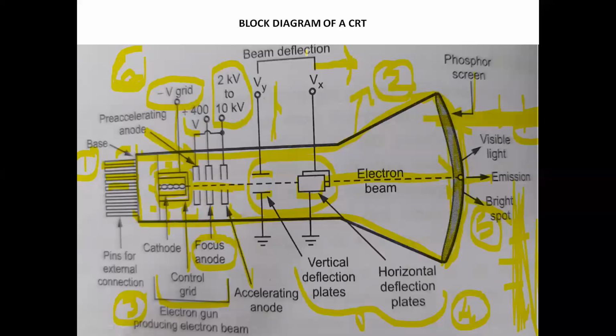Is it clear? Okay, so this is the function of the CRT, and this CRT is the heart of CRO. First, electrons are generated by the electron gun. In that electron gun there is a cathode. The cathode is heated by indirect means using a heater filament.